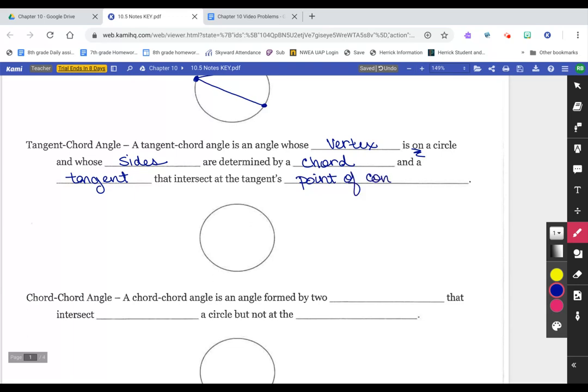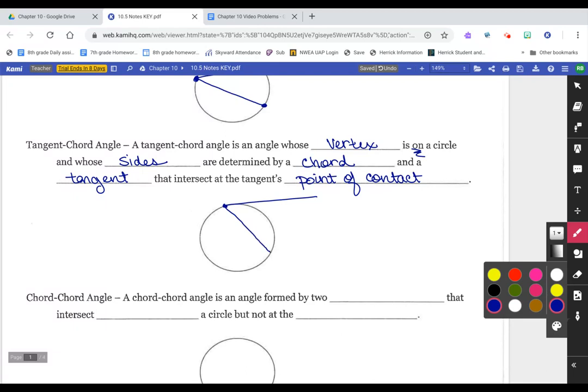And what that means is it intersects where the tangent touches the circle. So if this is a tangent line, great. A tangent chord angle, we are now going to add a chord. So the angle is this whole angle from here to here. That would be a tangent chord angle.